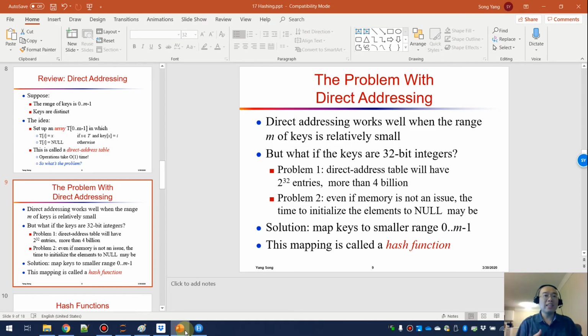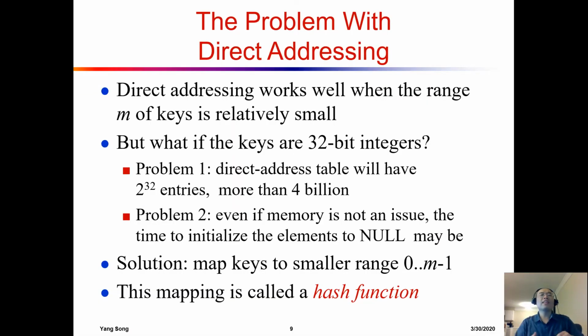Remember, when you initialize such a big table, you have to initialize all the values to be null or none. In this case, even initializing this kind of table can be a big problem. So how can we do that then? The problem is we are creating a symbol table, and this symbol table is way too big.